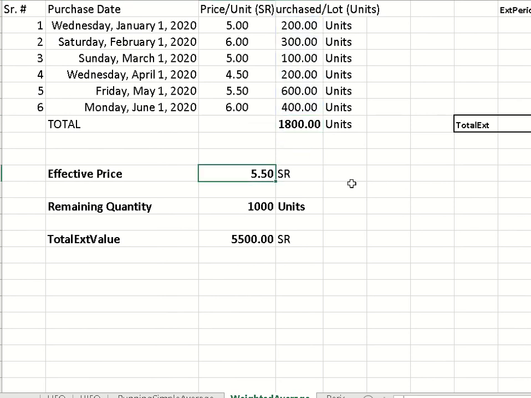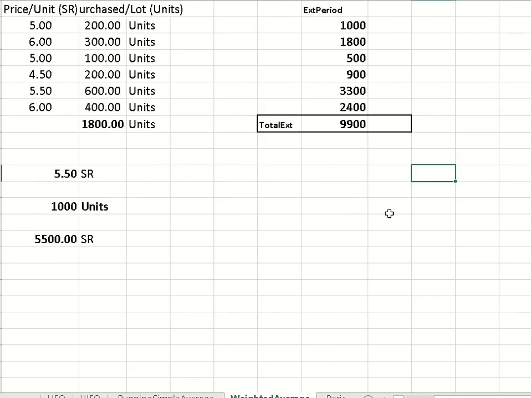So you see here the value is I8, which is the numerator, divided by the denominator, which is 1,800, D8. Let me just show that one more time. Here, this 5.5 is what? That's it.